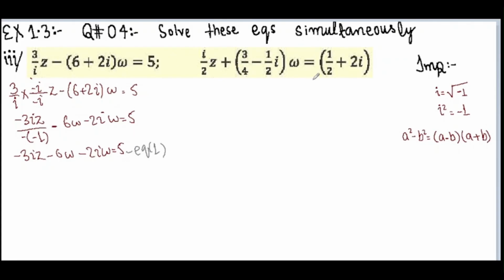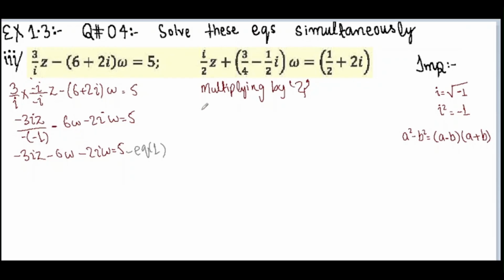Now we are going to solve this one, so here we are going to multiply all of this equation by 4, because the highest denominator is 4, which means that we have to multiply each and every term in this equation by 4.